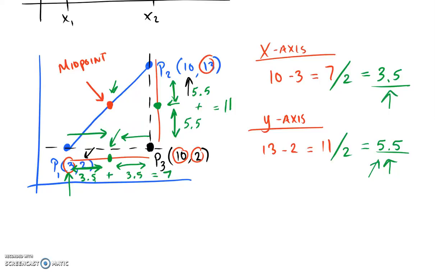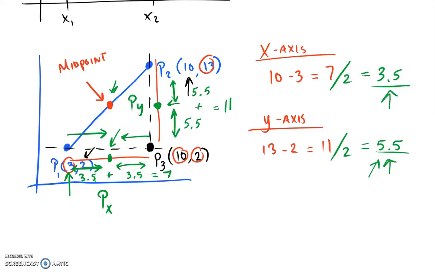So let's go ahead and illustrate that. For this sake, we're going to add. So in order to find the midpoint of our x-axis, we have to move up 3.5 units from our x value of 3, starting from P1. Let's call this one point PX and this one PY.